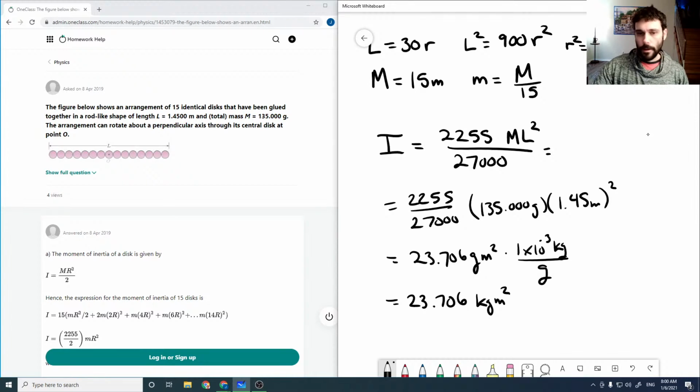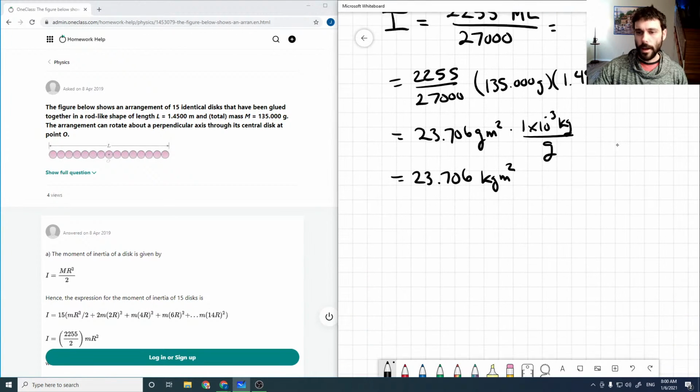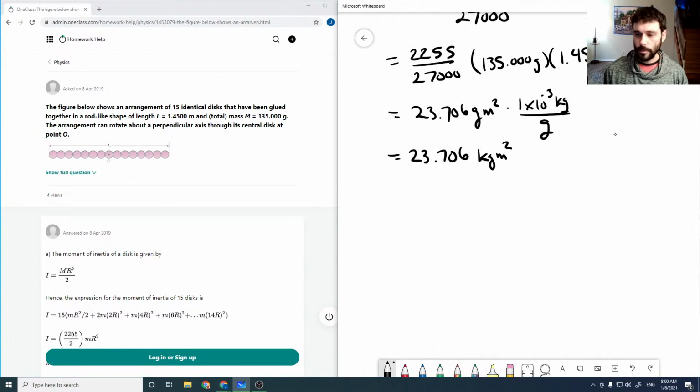Okay, so then the second part of this question just asks, what's the percent error if instead we had represented this as a rod?